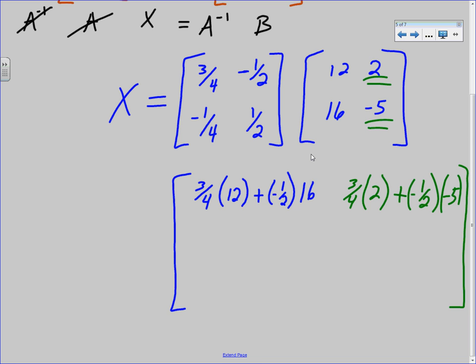And then from there, let's move on down. Now we're going to take -1/4 multiplied by 12, and we add 1/2 multiplied by 16.